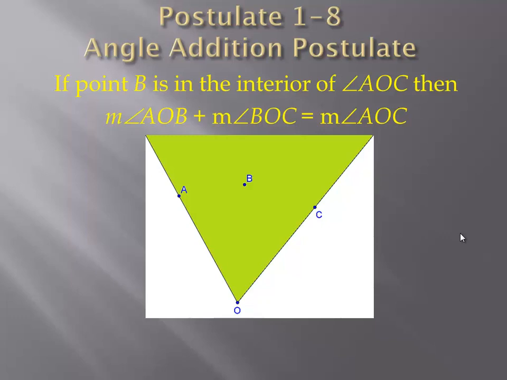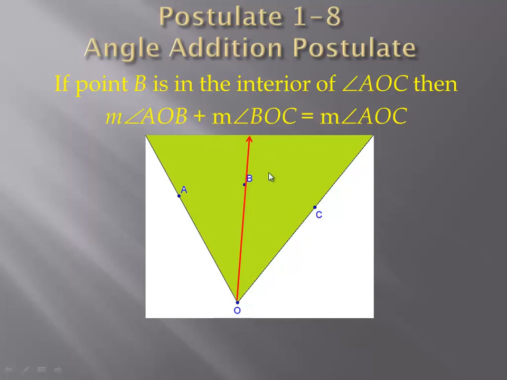So if point B is in the interior of angle AOC, so here's angle AOC, so I've marked the interior green, then measure of angle AOB, plus the measure of BOC.